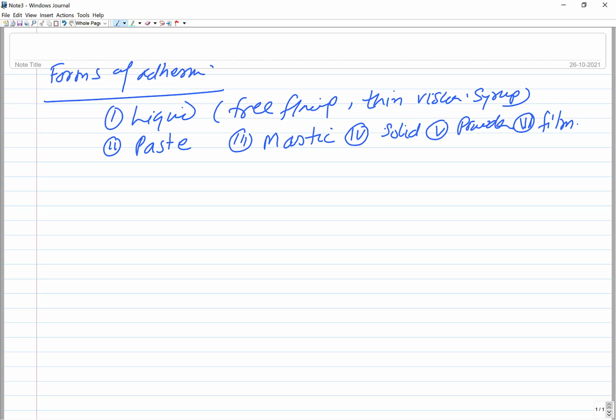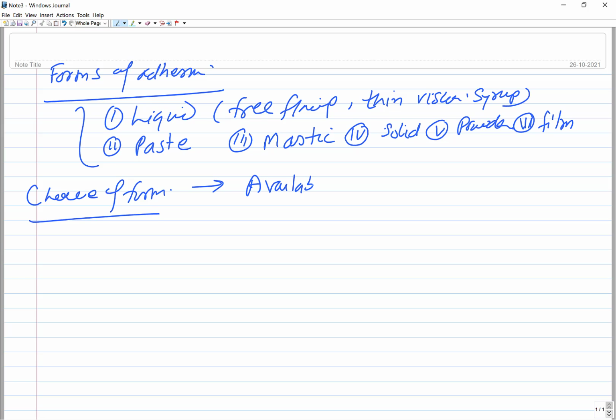Now, depending upon the form in which the adhesive is available, it can be applied in different ways. So again, the choice of form, the shape in which it is available, whether it is liquid, paste, solid, mastic, powder or film, depends on several things.